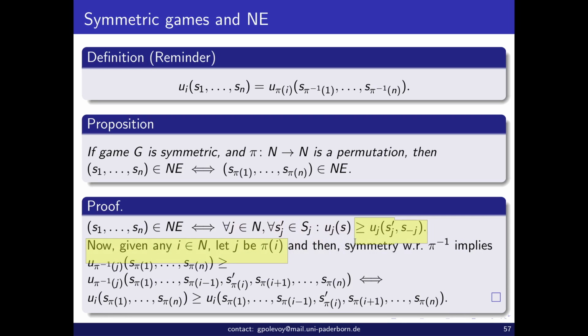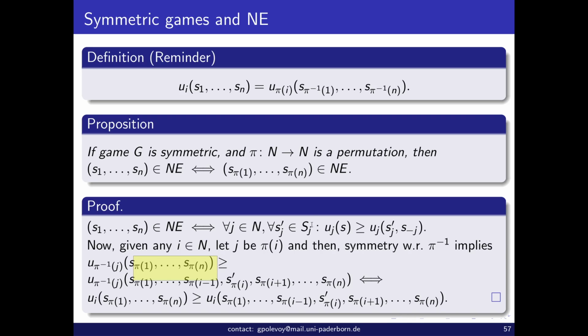And then the symmetry definition, which we bring here as a reminder, when we apply it with P to the power of -1, implies by definition that the utility here, I enact P, here I enact the reverse. Now here I begin with the reverse, so here I enact the reverse, and here I enact P.